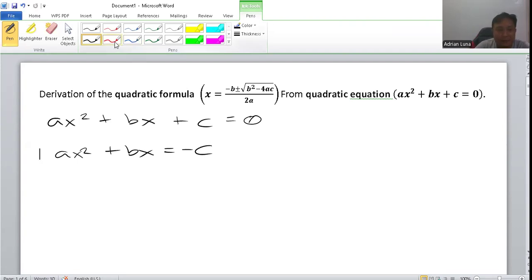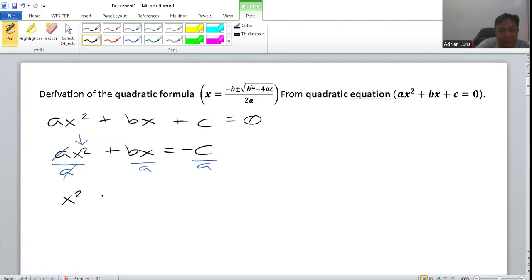Next step is to divide everything by a. Ang main reason kung bakit we need to divide all terms by a para yung coefficient ni leading term, which is x squared, is equals to 1. Bakit? Para makapag-perform tayo ng completing the square. Now, let's rewrite.